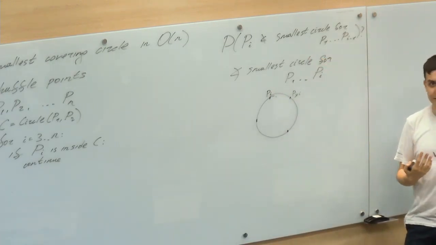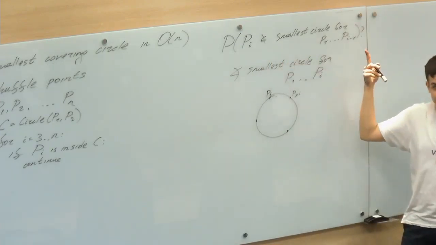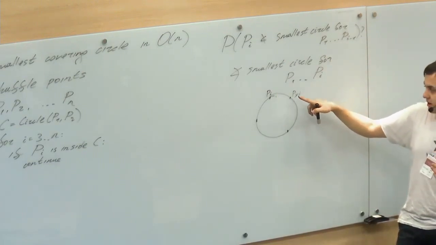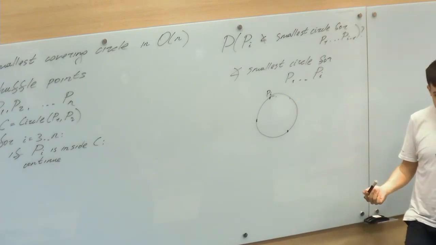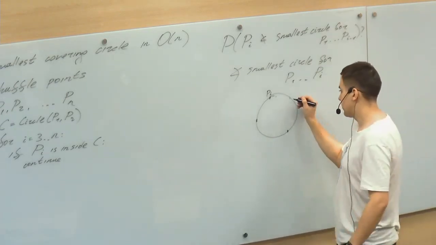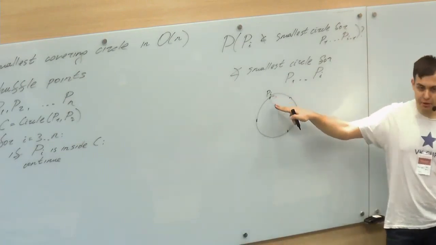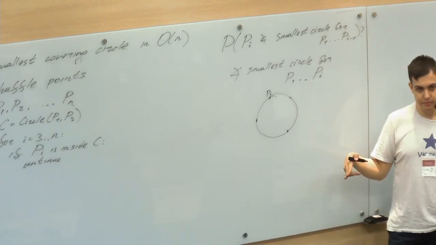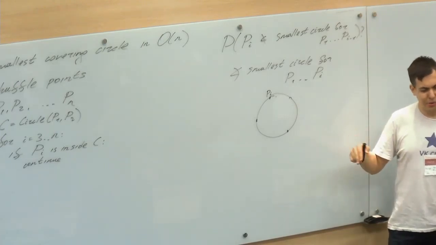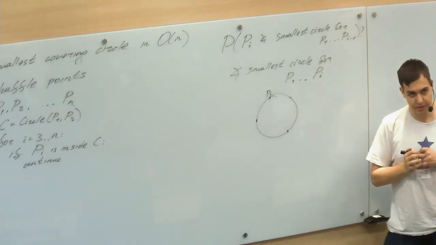To calculate the probability of the event where pi does not belong to the smallest circle, first of all, we'll have either 2 or 3 points. Let's say we have 3 points on the circle, and the last point among all of them is i. So we randomly chose 3 points because the order is random.